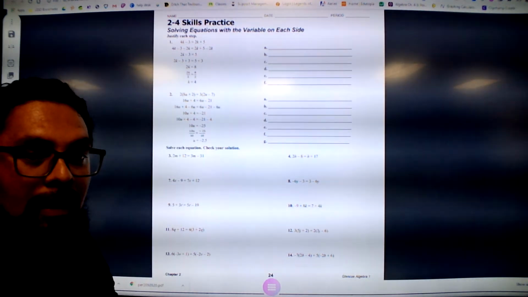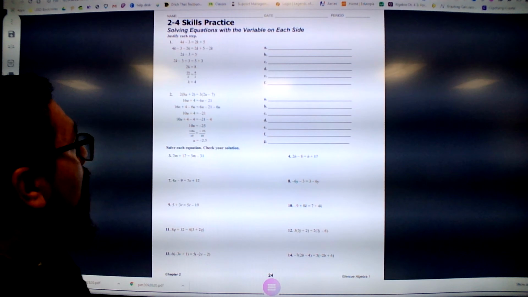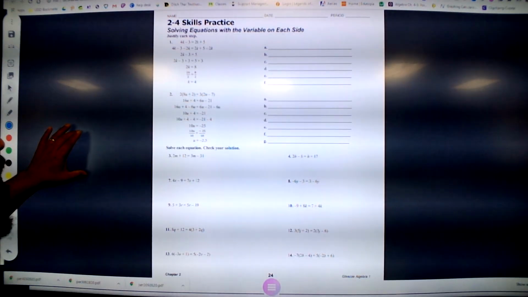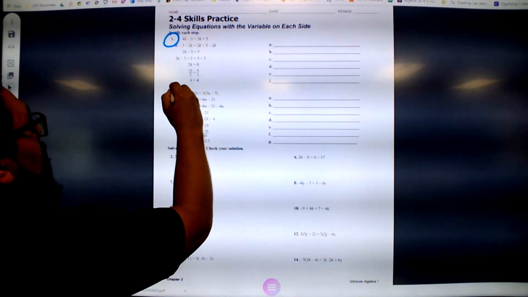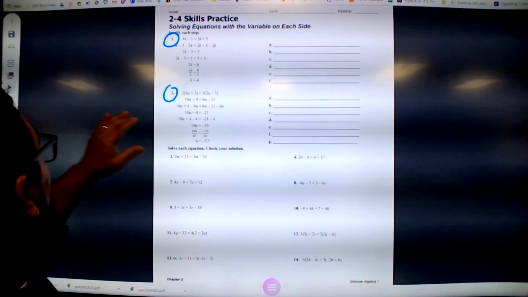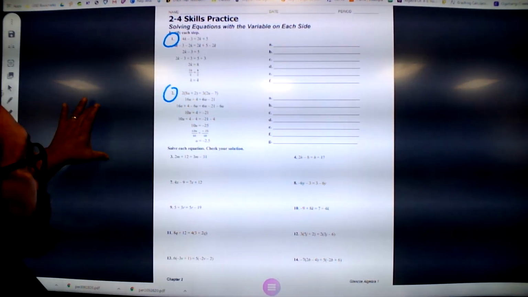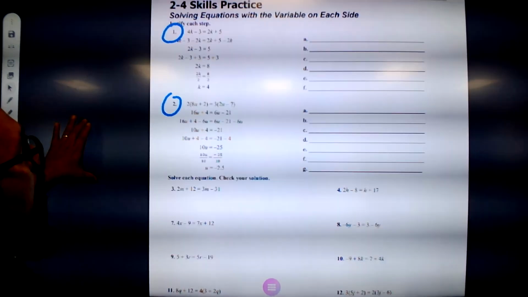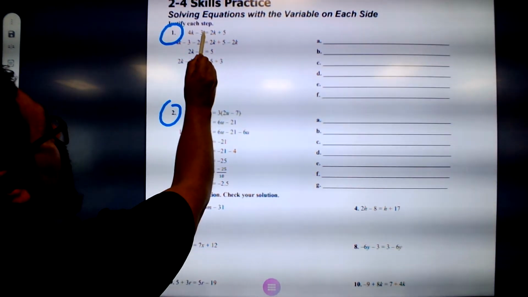All right, so these are the problems you're going to do. You're going to go ahead and do number 1 and number 2. What you're going to do here is justify what is happening. For example, on number 1, this is the original equation, so you don't have to do anything.